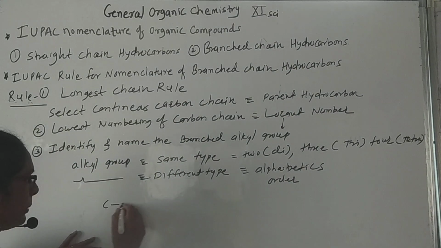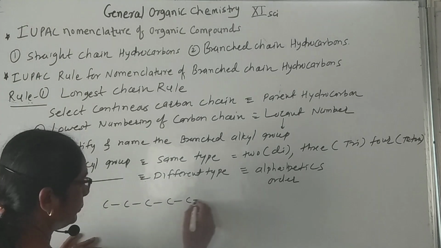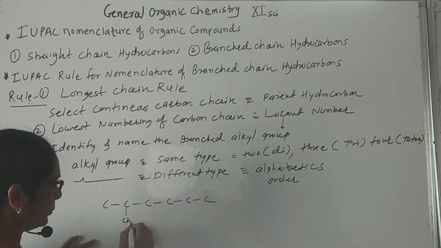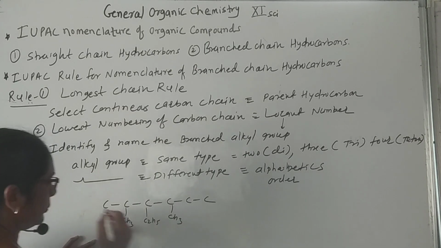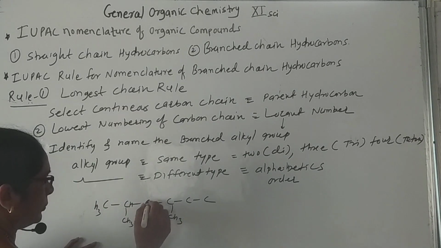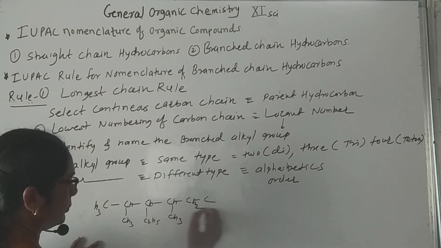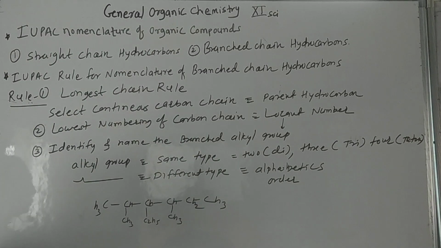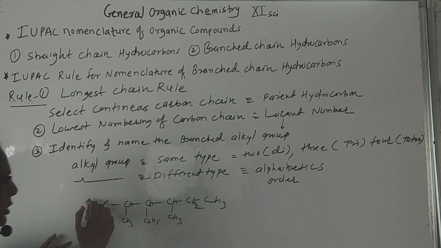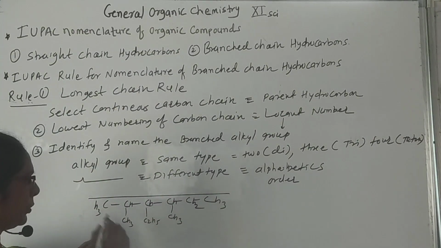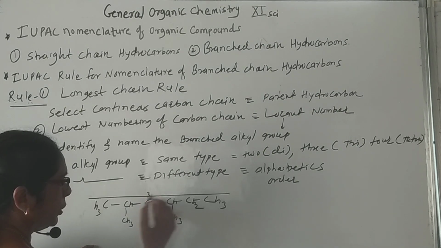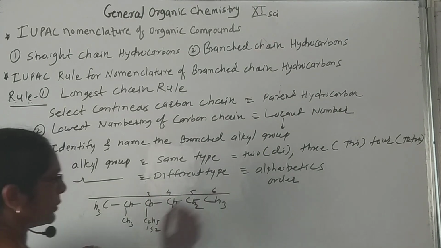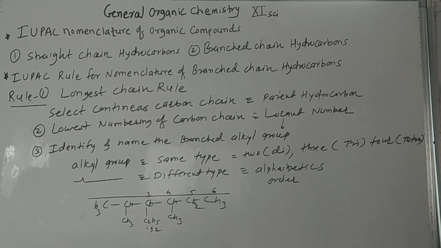Look at, for example, this compound. Select the longest chain. The longest chain selected is this, or suppose I choose 1, 2, 3, 4, 5 and 6. What is my choice?